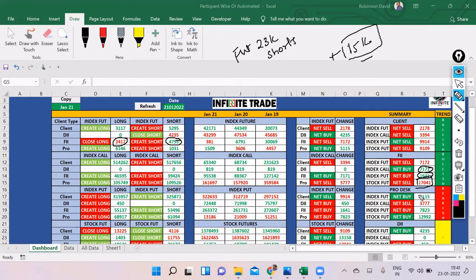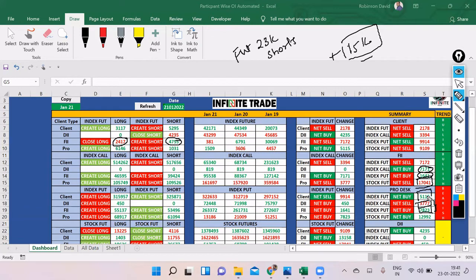If you look at pros, they are long in futures, however they are short in call options and they have bought put options. But again, being Friday, these quantities are really less. Anything that happens against their positions on Monday can be easily adjusted, because their quantities are around 25,000 to 30,000, and you know pros take positions in lakhs.